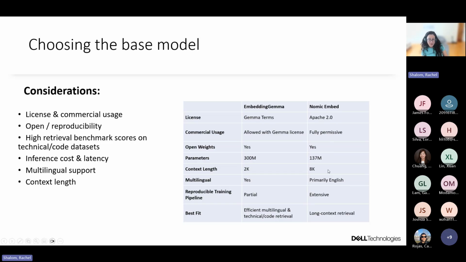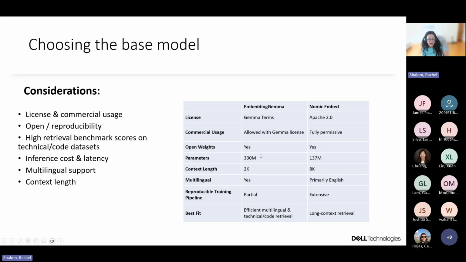So that was a few months ago, and every time we reevaluate, we ended up with EmbeddingGemma by Google and Nomic Embed by Nomic. Their commercial use and licenses were approved. Of course, that was the first thing.